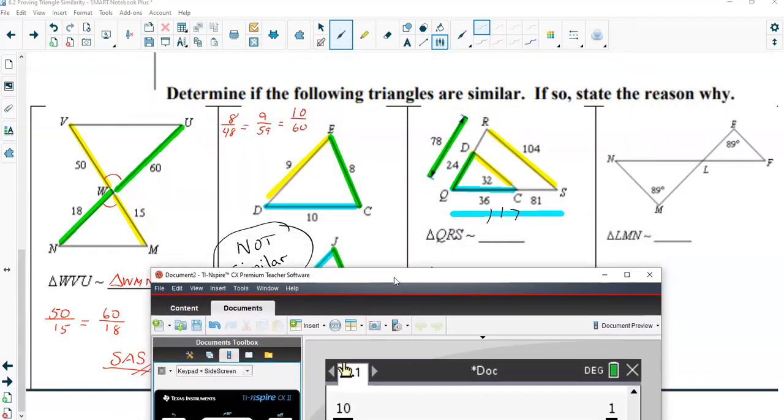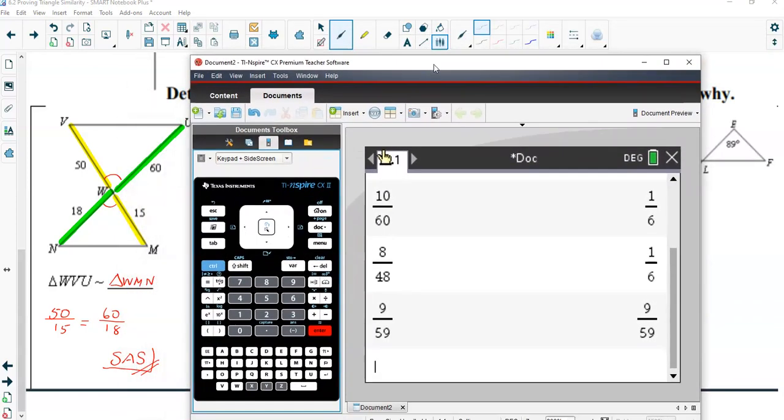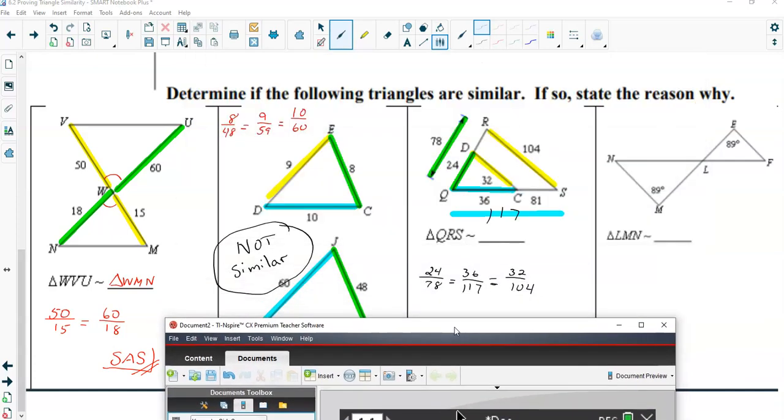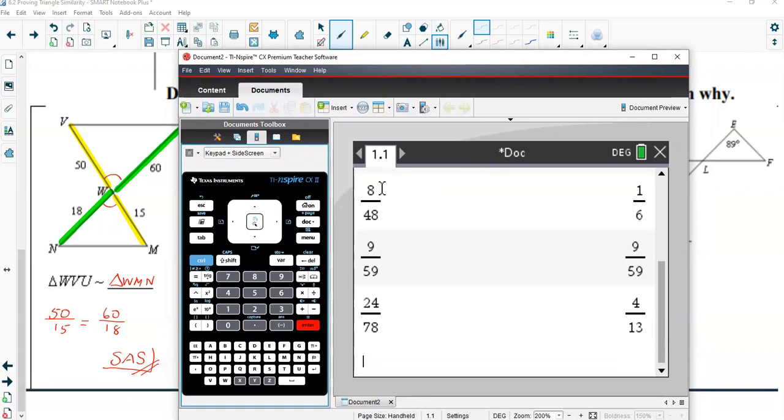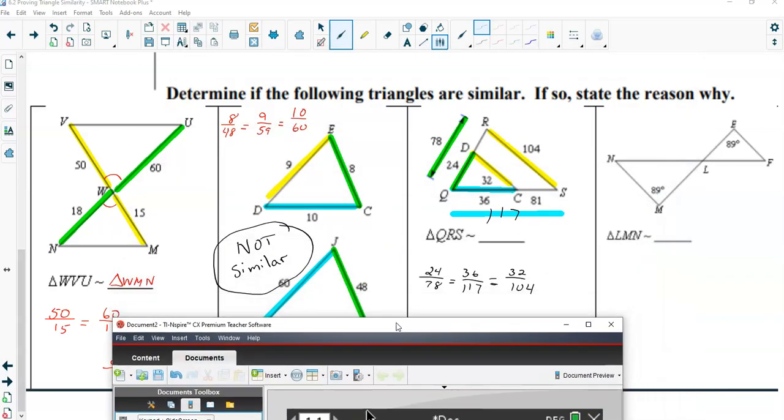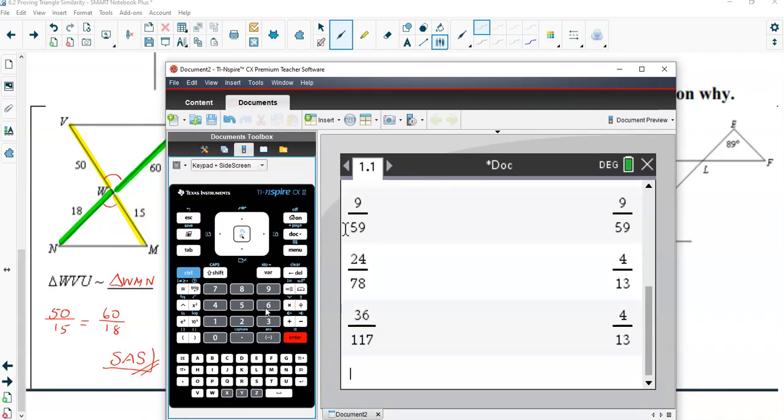24 to 78. That's 4/13. Then we have 36 to 117. That is still 4/13. And last would be 32 to 104.